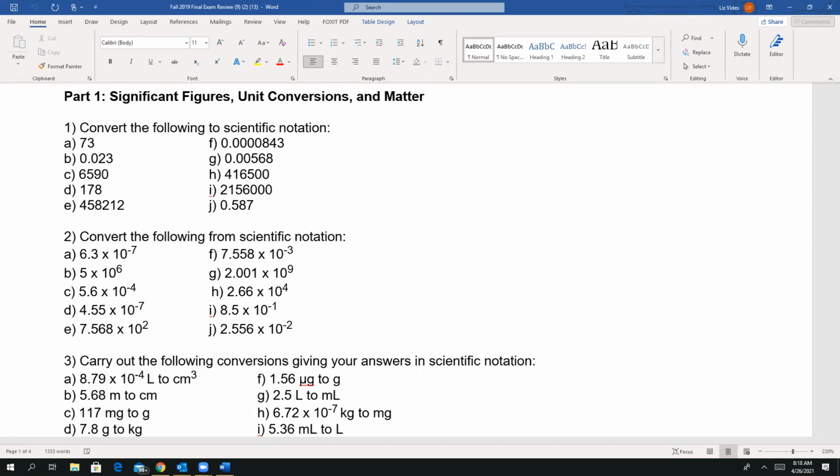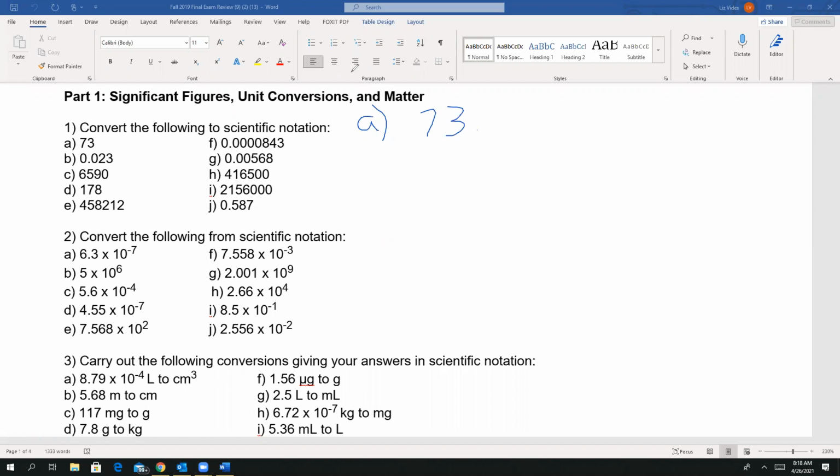Just to remember, so I'm going to start with A. So in order to do that, you have to count to where the decimal point is in front of a number between 1 and 9.